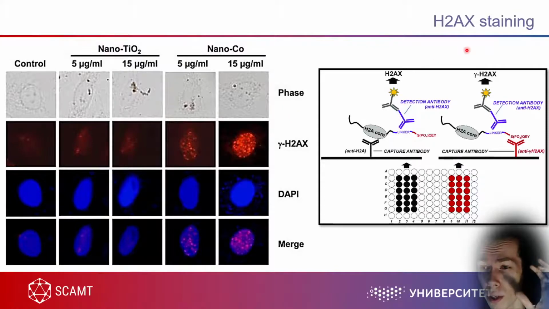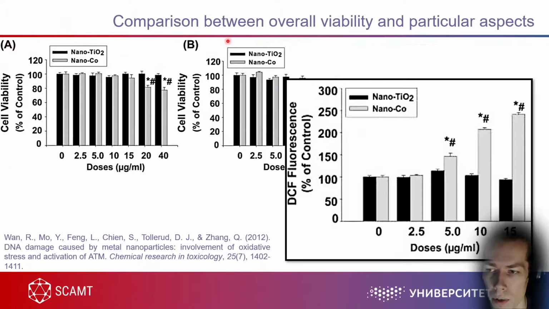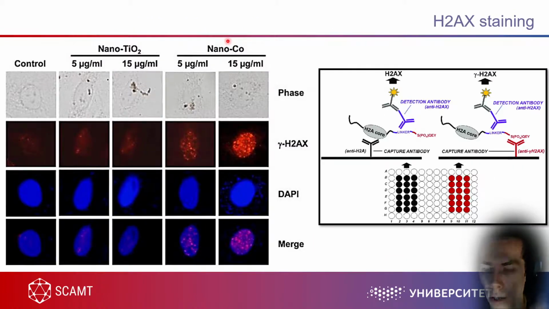phosphorylation of these histones is important when the cell needs to repair damage done to DNA. So again, it's the same paper as here. They performed a lot of experiments, as you can see, cell viability, different staining, and so on, even specific immunofluorescence staining.